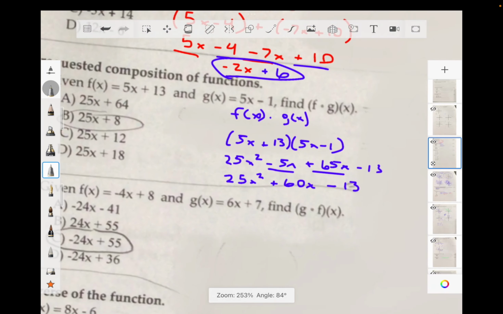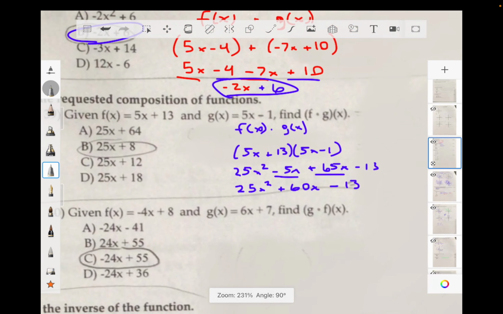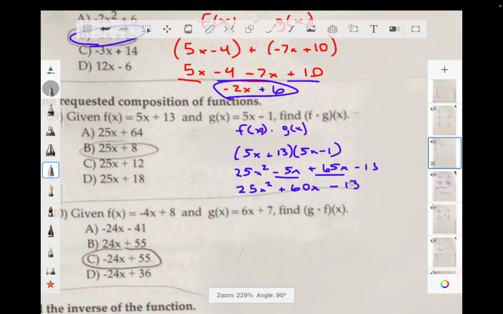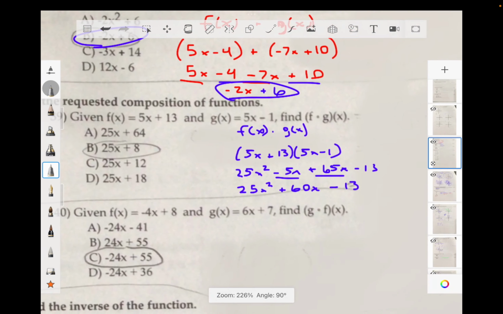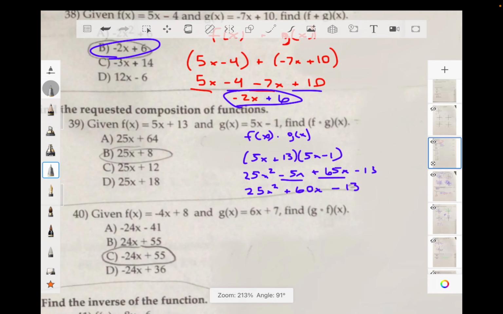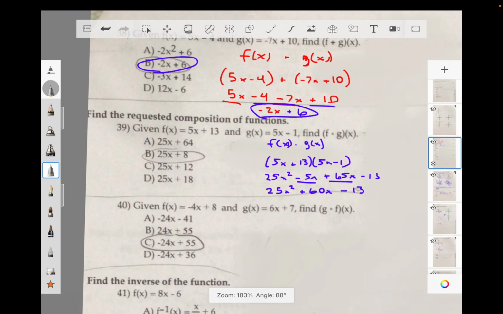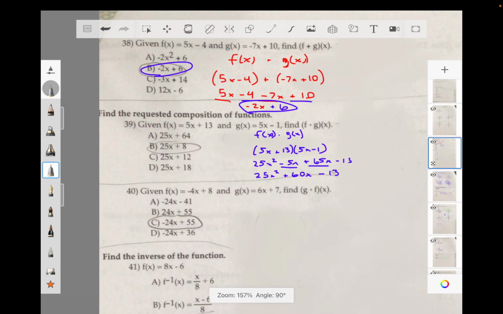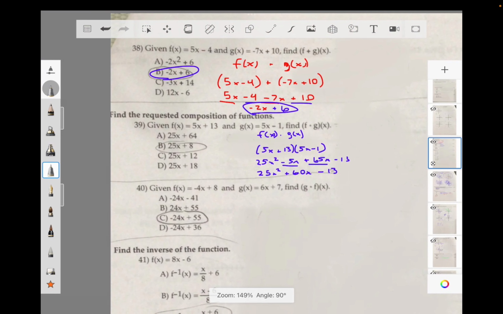Huh? What did I do wrong? Find the requested composition of the... Where is it? No, it's not that.